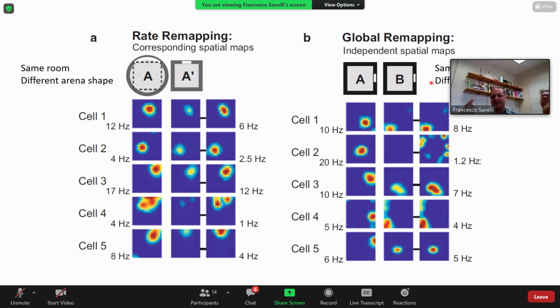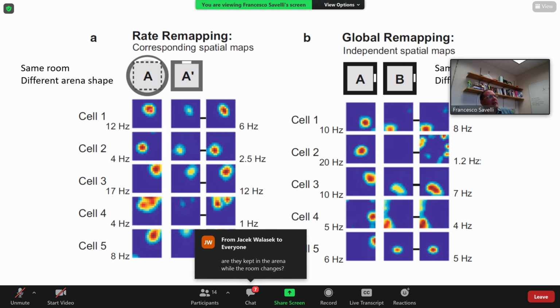You might have a curtain, again with different cues and so on and so forth. So what happens, in a way, different arena in the same room seems to elicit a smaller difference. So what happens is that the cells keep firing in the same location, okay?